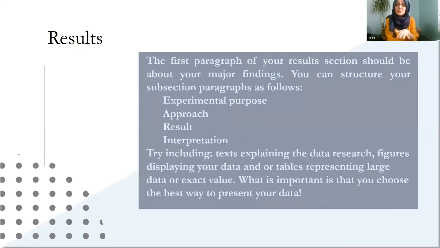I have to use those that I need, okay? You have to know how to present your data, because what we're doing in our results section is presenting what we have found, and how effectively we present it is how effective our results section is, okay?